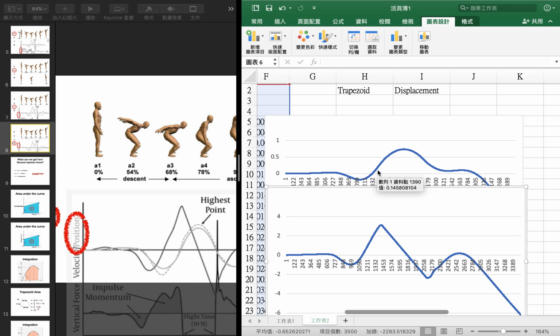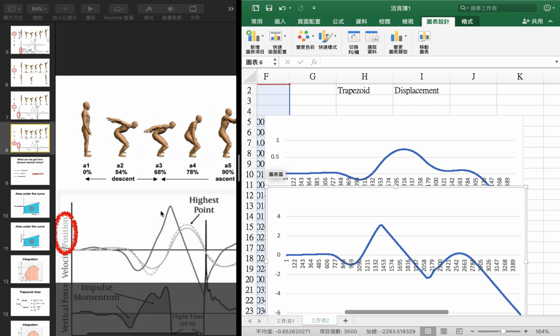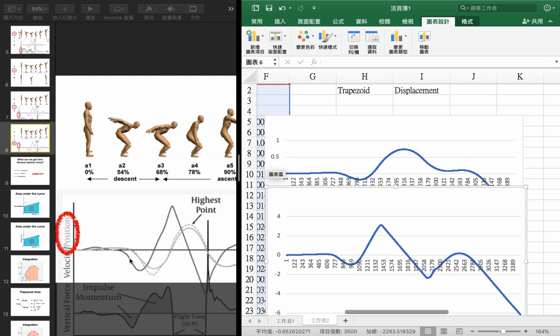After takeoff, your position continues to go up until the highest point, which correlates to 0 velocity, because the velocity is transitioning from positive to negative. That's why it's 0 here. And then it goes back to the force plate. Okay, so our graph pretty much correlates with what we expect, right?